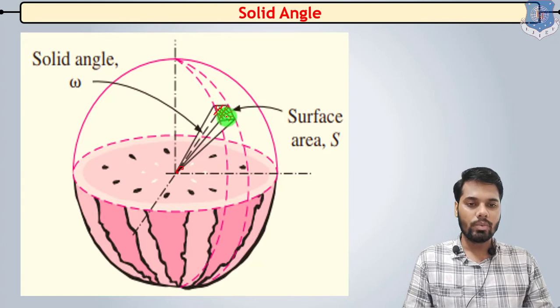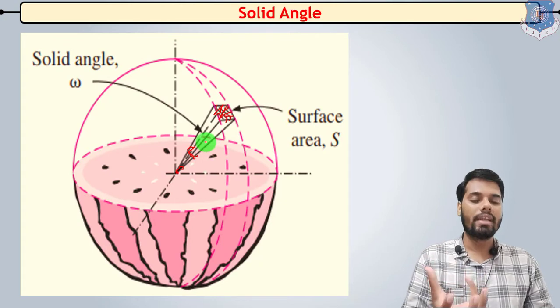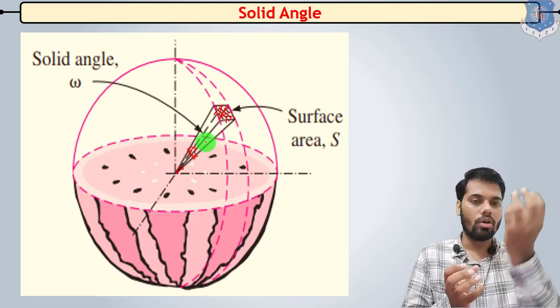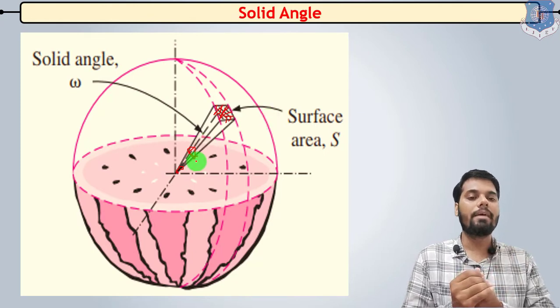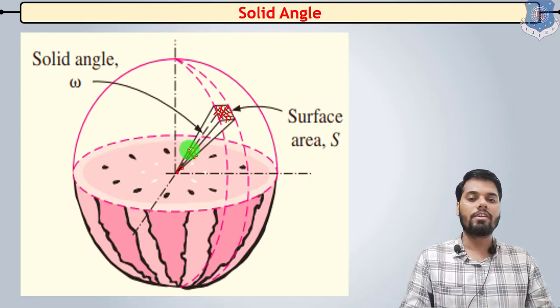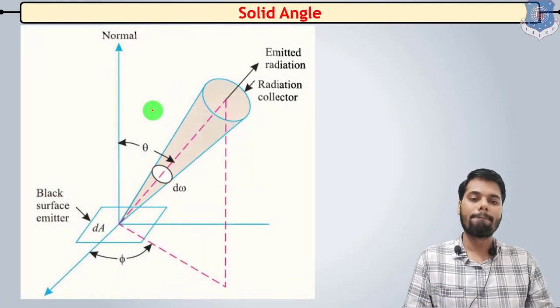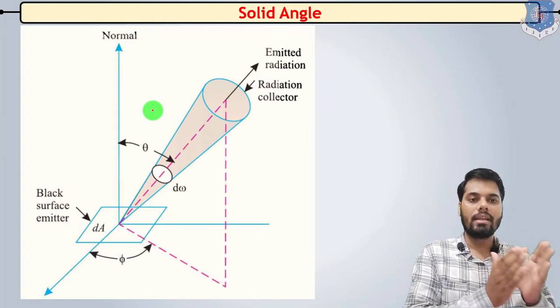Now there is an angle made by this differential area of the watermelon with the center, and this angle is a solid angle because it forms a cone-shaped, three-dimensional geometry. So this is the 3D angle made by the end points of all the differential area, and it is known as the solid angle, which differs from the plane angle. The unit of plane angle is the radian, and the unit of solid angle is the steradian. So this is the difference between plane angle and solid angle.